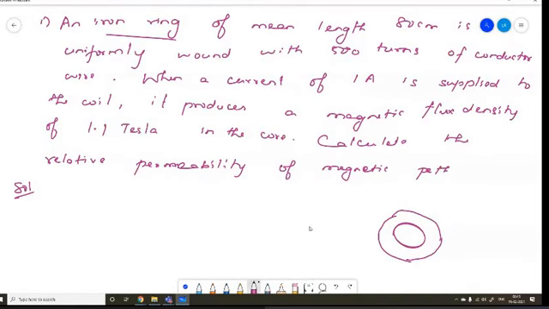I have drawn an iron ring, and the mean length is given as 80 centimeter. When they say length, they mean this length, which in some sense is the circumference. So this length is what they are calling the mean length. I can mark it here.